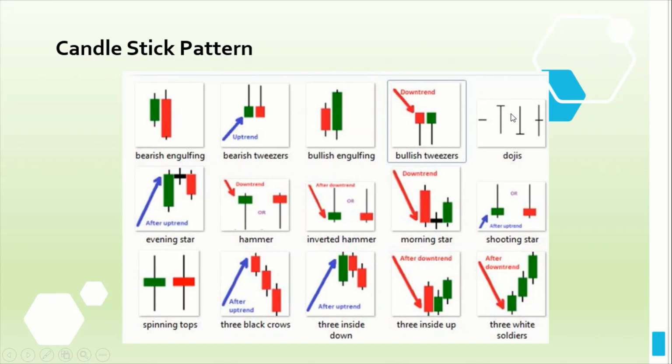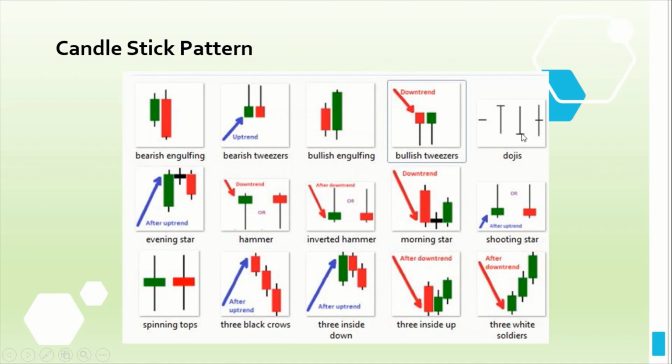So kung makikita nyo, hindi lang iisang itsura ng doji. Ito, wala siyang high of the day and low of the day. Yung high of the day, low of the day, opening and closing price are all the same. Linya lang siya.